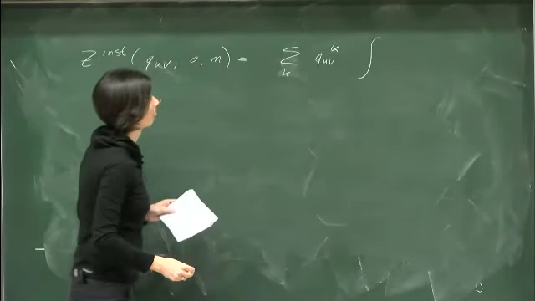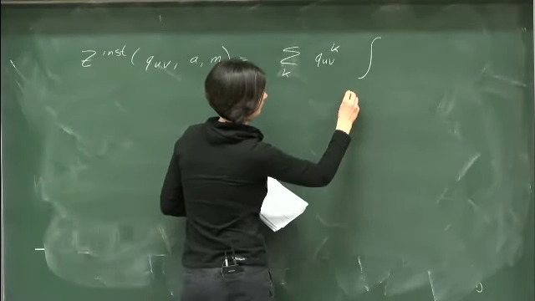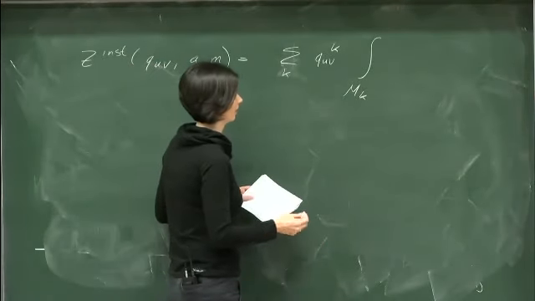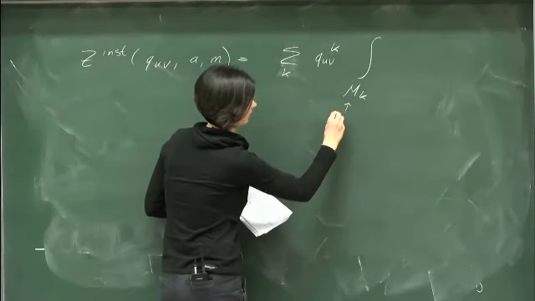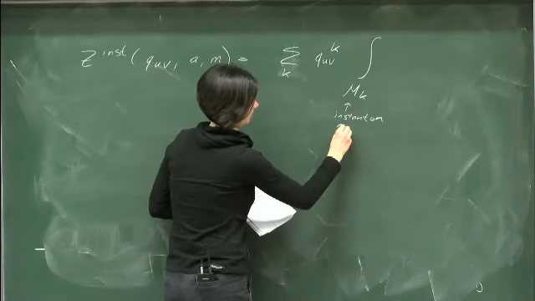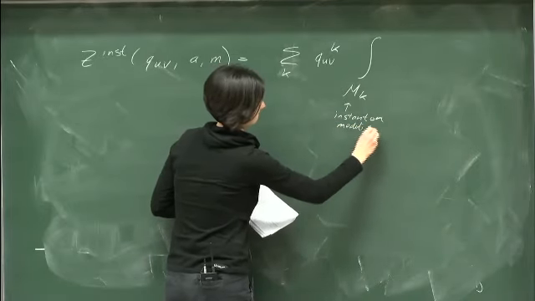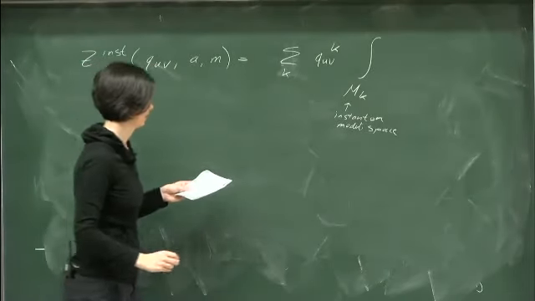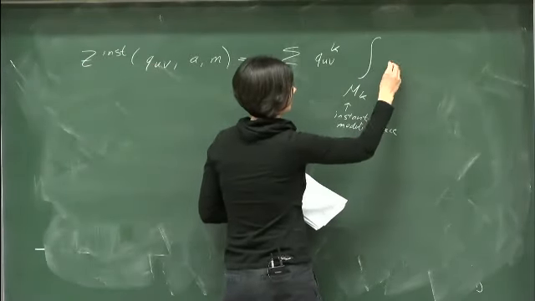And so these instanton sectors contribute with a factor which is given by an integral over the instanton moduli space, which is the ADHM moduli space.